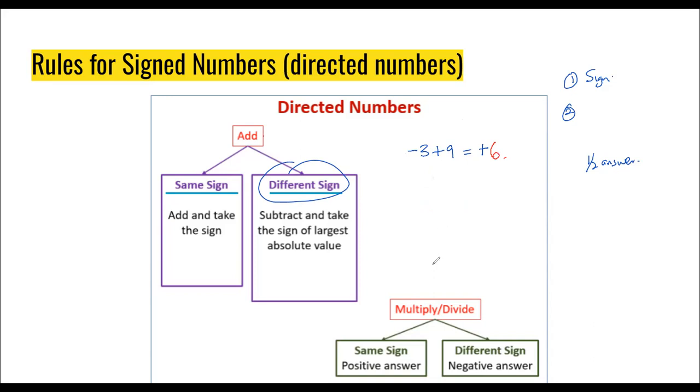Now let's look at that on a number line. I have -3. And if I say add 9, we know add, we have to go to the right.